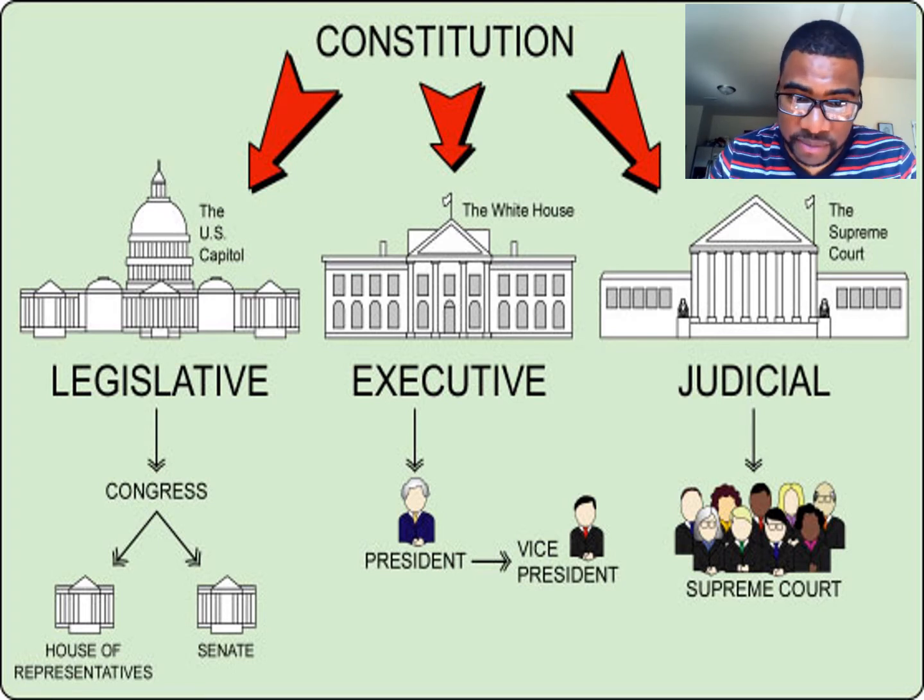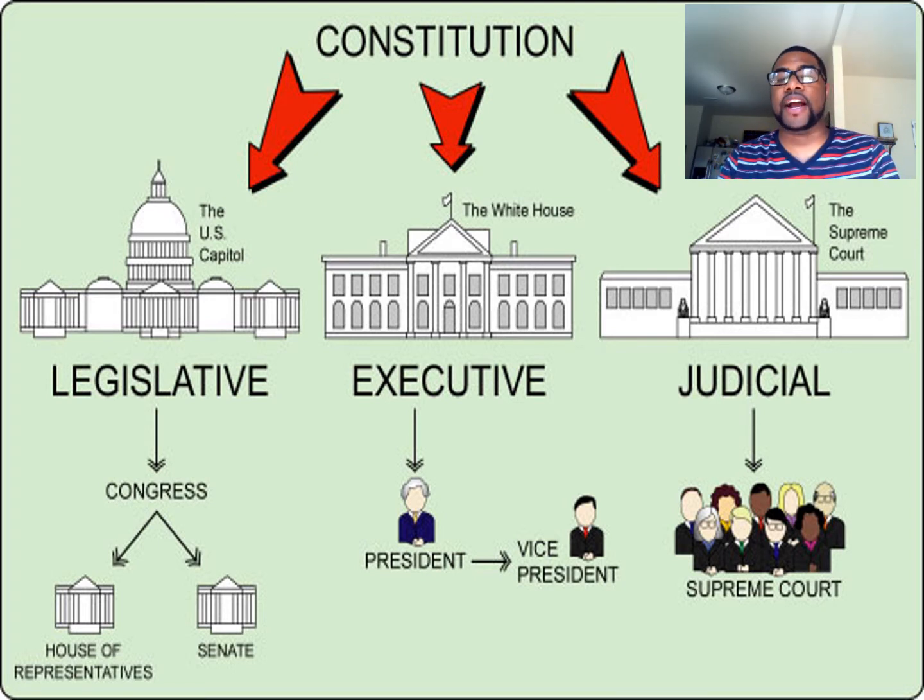Of course, we know that's the president, but it also includes the vice president, secretary of state, secretary of commerce, secretary of defense, so on and so forth, his cabinet. And lastly, we have the Supreme Court, or the judicial branch, which is comprised of the Supreme Court, federal courts, and judges and whatnot. All right, moving forward.